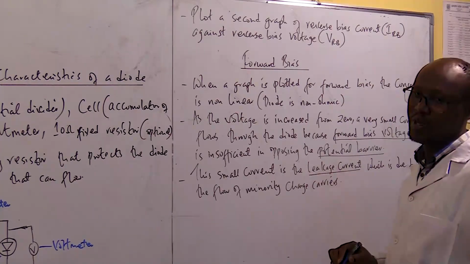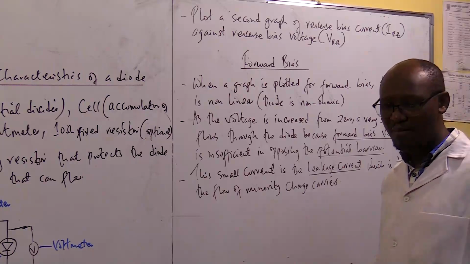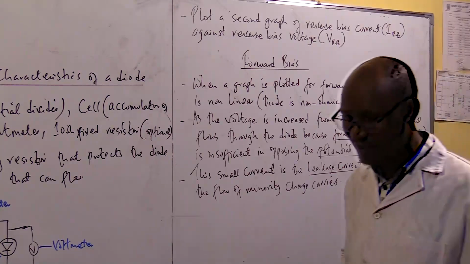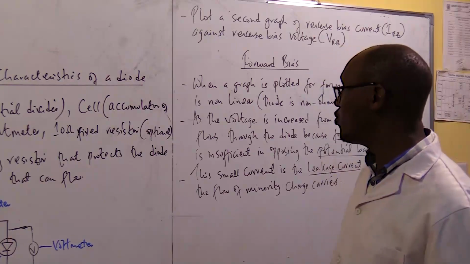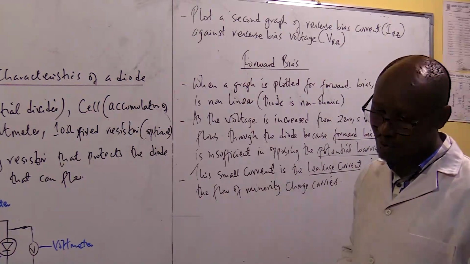At this stage, we have not yet overcome the potential barrier, so that we have now a fairly good amount of current flowing.